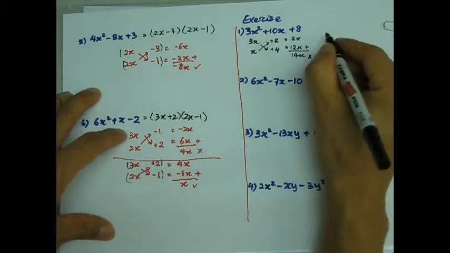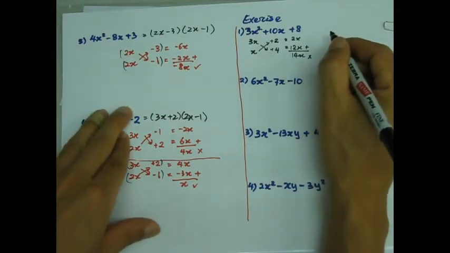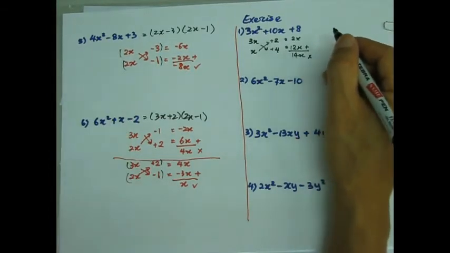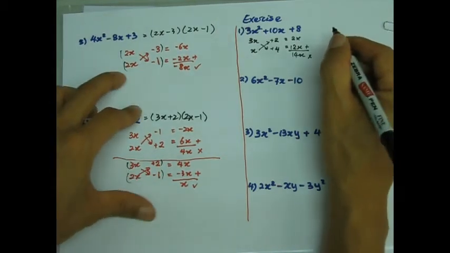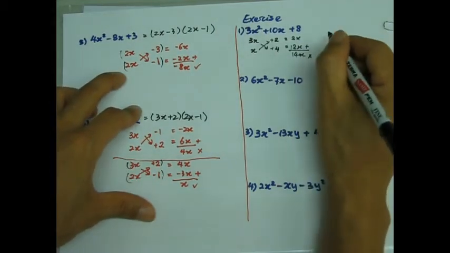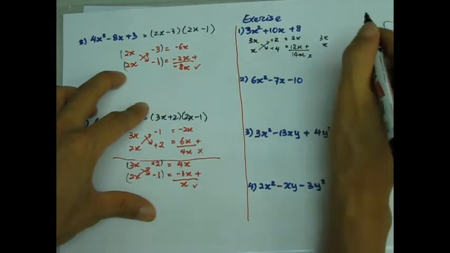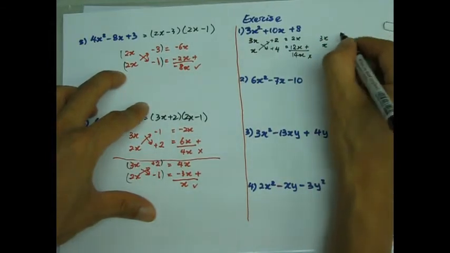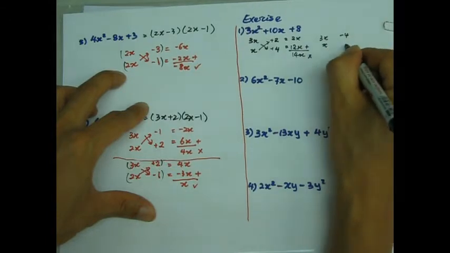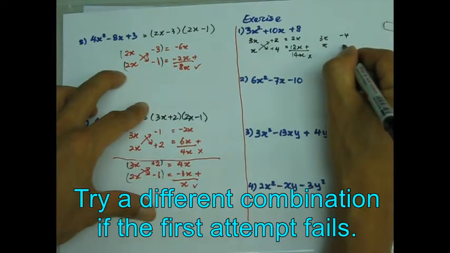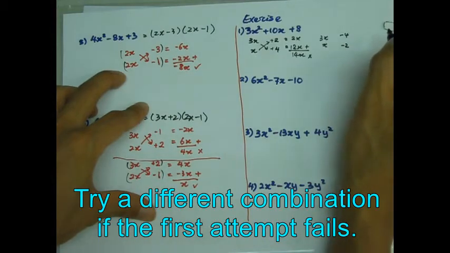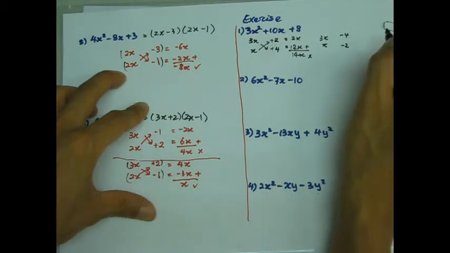Let's try again. How about 3x and x, and up here I'm going to put negative 4, and here I'm going to put negative 2. Would that work? I think this might not work as well.